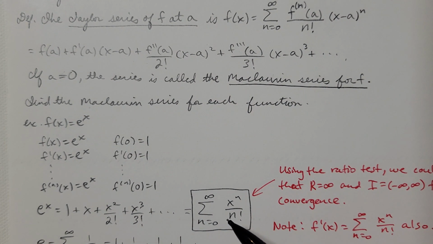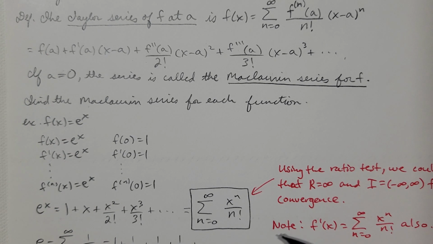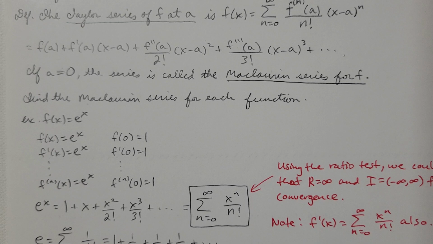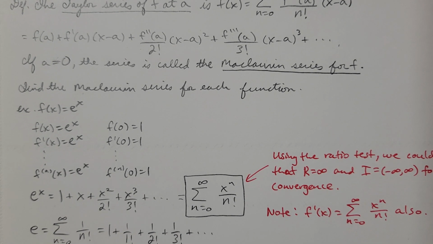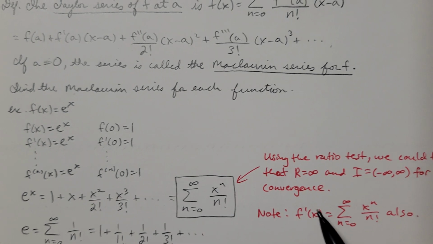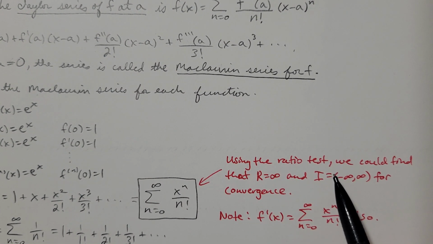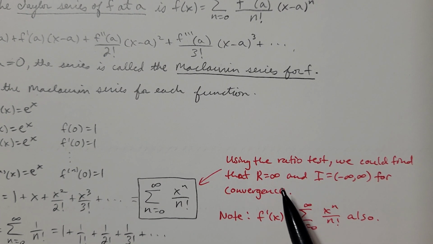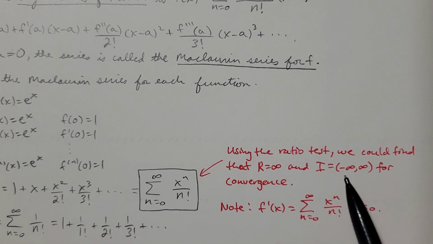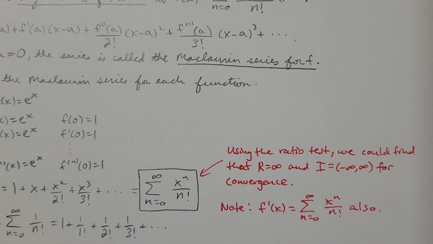So this would be the series form for e to the x: the summation as n equals 0 to infinity of x to the n divided by n factorial. Now using the ratio test, you could find that the radius is infinity and the interval of convergence is negative infinity to infinity.